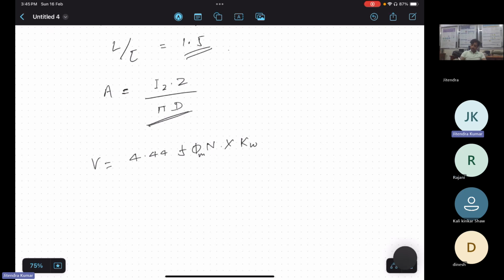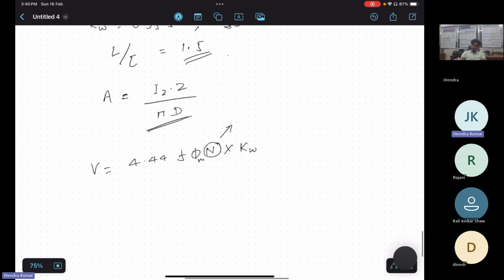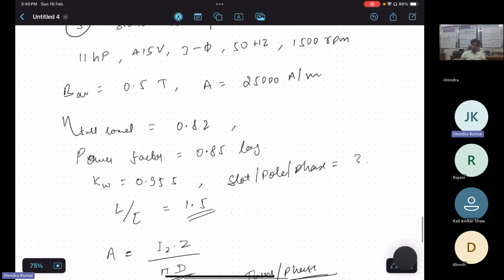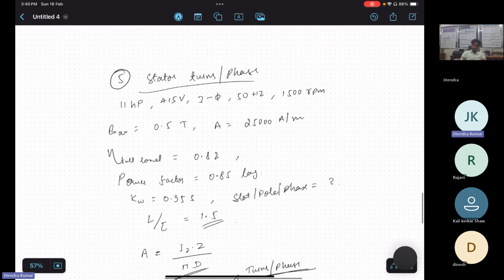So here, this number of turns parameter is there, and this is what we need to calculate. And this N is what? Number of turns. Turns per phase or per pole? Number of turns per phase. Turns per phase, exactly. That's what we need to calculate here: stator turns per phase.